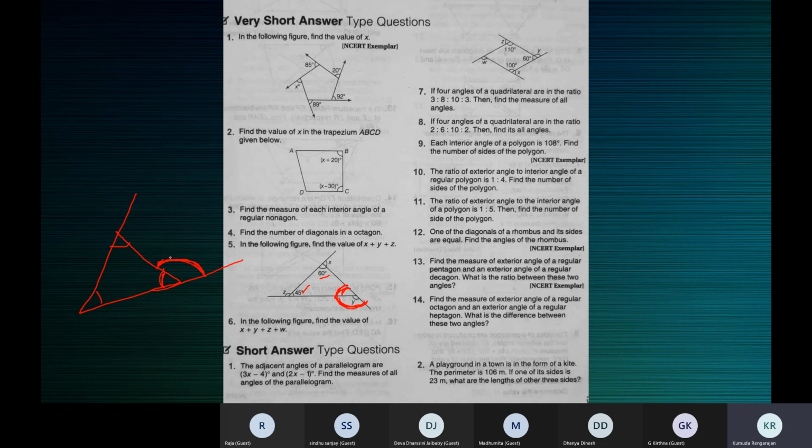Leave this. This exterior angle will be equal to the sum of these two angles. There are three interior angles in a triangle. Leave the interior angle which is just next to the exterior. This exterior and interior angle form a linear pair. Leave that one. This exterior angle will be equal to the sum of this angle and this angle. That's the property.